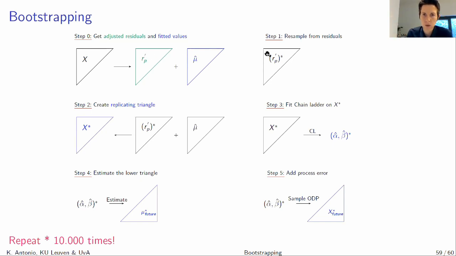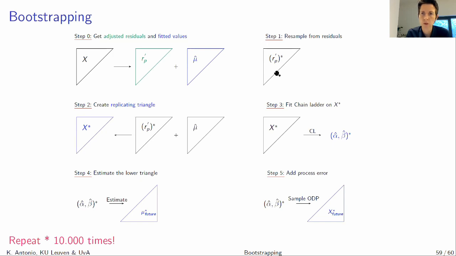I need to pick a residual for each cell in my upper triangle, and I do that by making a draw with replacement from the residuals as I calculated them in step 0. Each cell now gets a random residual drawn with replacement. I can do that because I'm assuming that these residuals are independent and identically distributed.